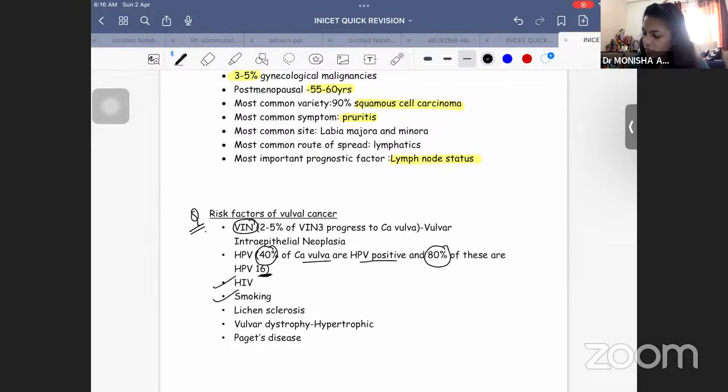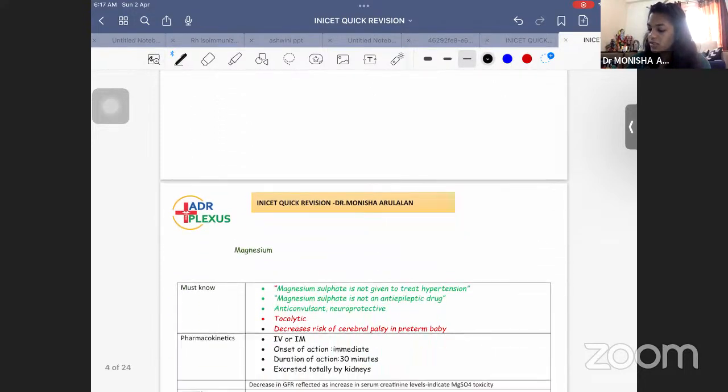Then HIV, smoking, lichen sclerosus, vulvar dystrophy, hypertrophic dystrophy, Paget's disease. So please remember these are the risk factors for vulval cancer. Once you read up on the basics, you will have the confidence to answer vulval cancer. You can rule out options; at least by that also you can answer a vulval cancer question.